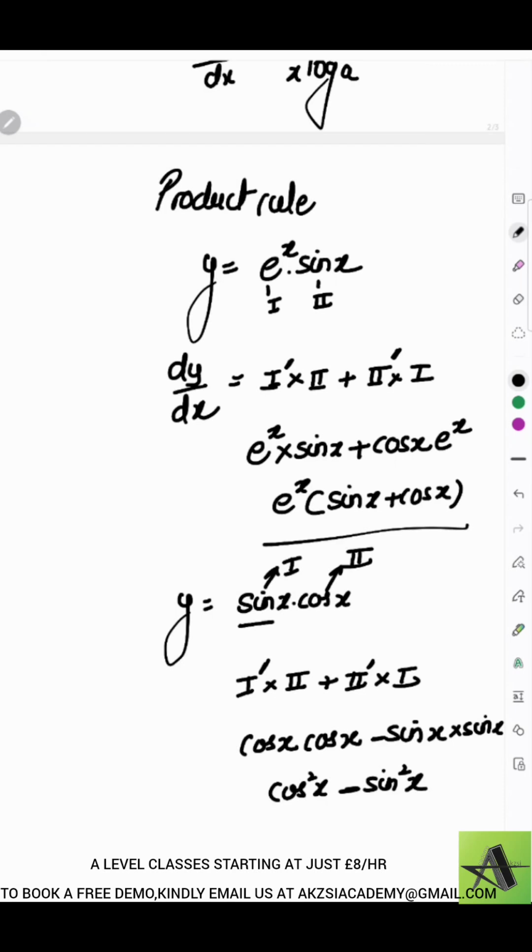Either I can leave like this, and we know this is an identity for cos 2x. When I expand cos 2x, it's cos squared x minus sin squared x. If you haven't done trigonometry, it's fine, but if you have done, you should be aware of this. So this can be written as cos 2x. And similarly, in the beginning itself, we can solve it by identity.